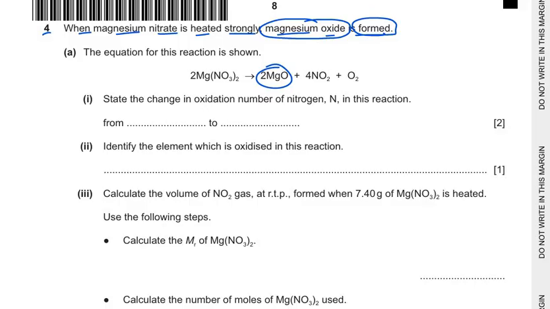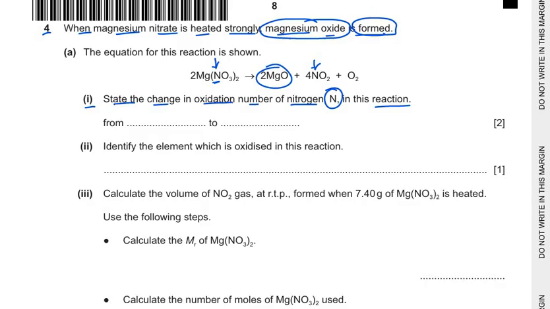So the balanced equation is also given here, and sub question 1 is: state the change in the oxidation number of nitrogen, N, in this reaction. Now here we need to calculate the oxidation number of nitrogen here and the oxidation number of nitrogen in nitrogen dioxide.